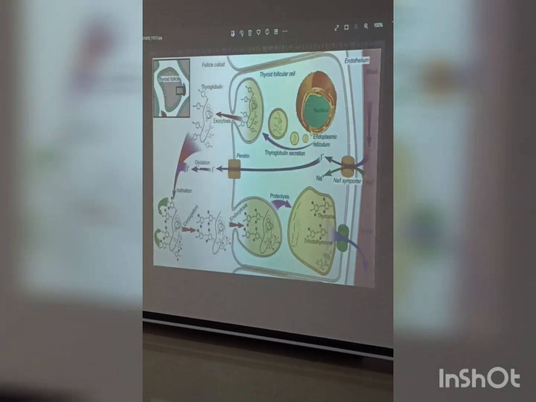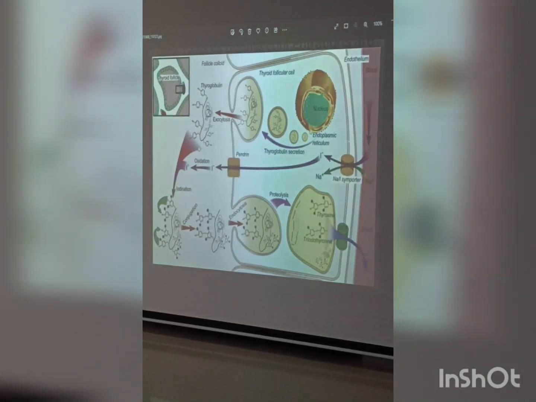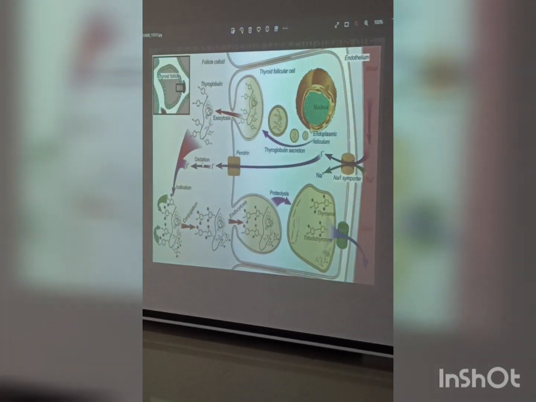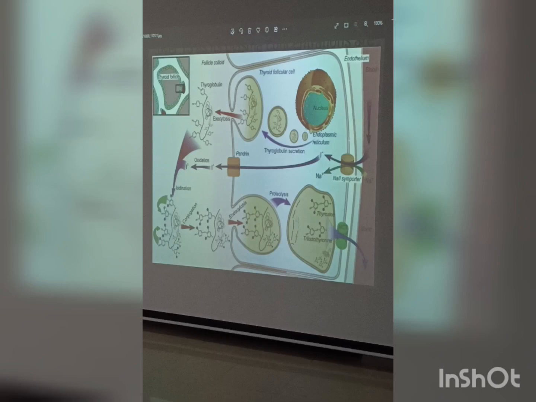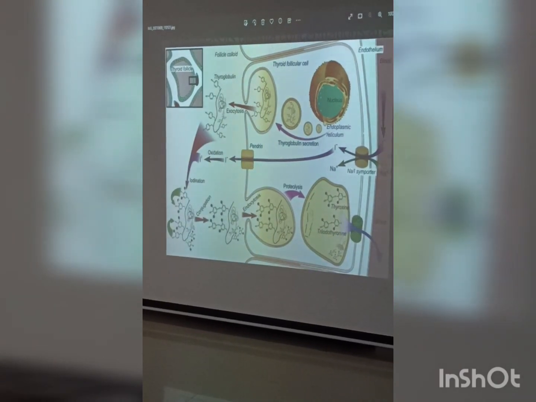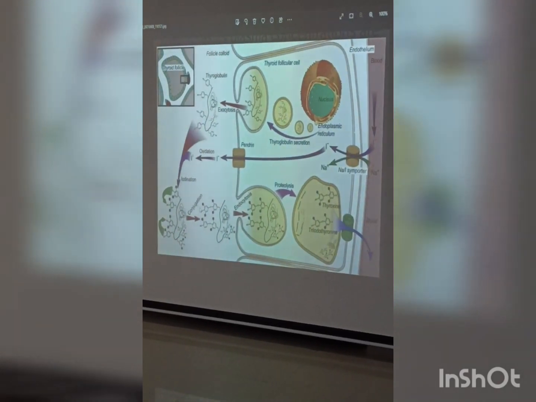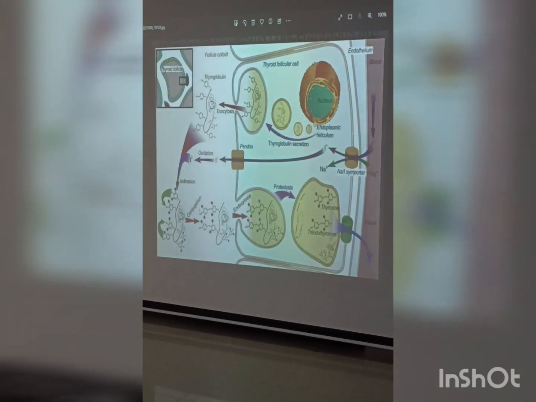When the tyrosine residues have come, their oxidation has to be done, and now iodine is being produced. So we get MIT and DIT, monoiodotyrosine and diiodotyrosine, right? Then there is conjugation of them, and finally we get T3 and T4, right?